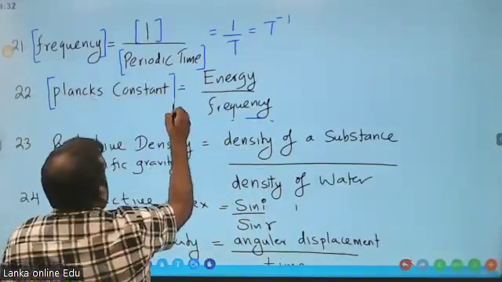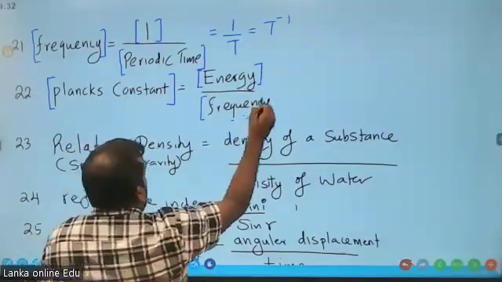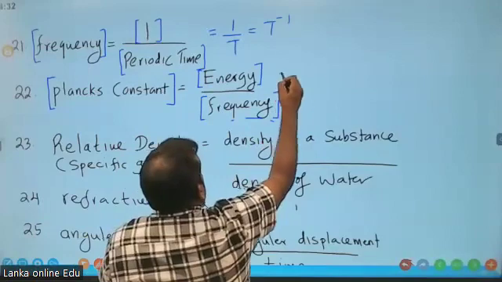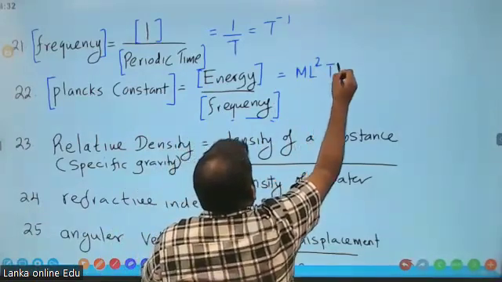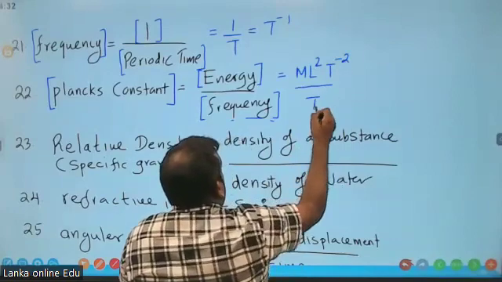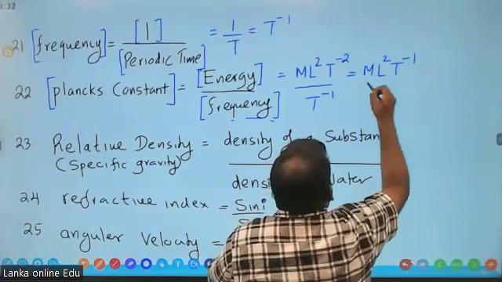Planck's constant is energy over frequency. Energy is ML squared T minus 2. Frequency is T minus 1. So Planck's constant is ML squared T minus 1.